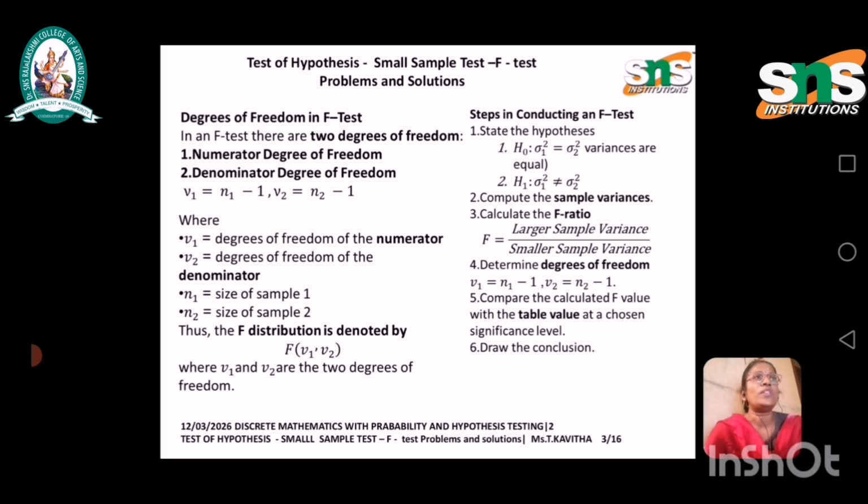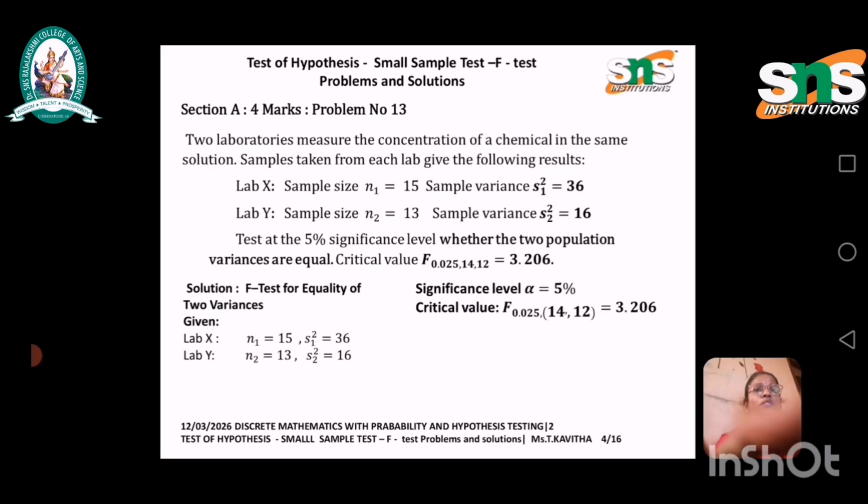Step 3, calculate the F ratio: F is equal to larger sample variance divided by smaller sample variance. The fourth step is to find the degrees of freedom: V1 is equal to N1 minus 1 and V2 is equal to N2 minus 1. The fifth step is to compare the calculated F value with the table value at a chosen significance level. The last step is to state our conclusion.